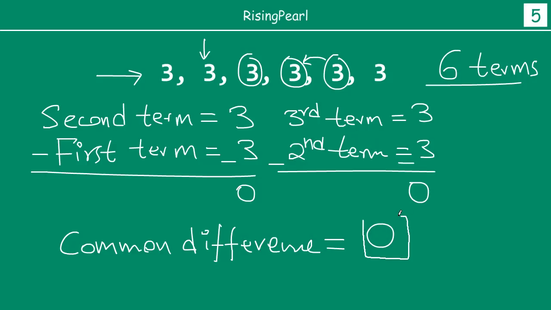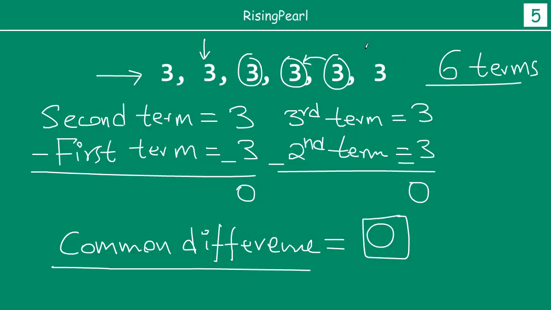So it is important to note that the common difference can be any number. It can be even a decimal. It can be even 0. It can be even negative. It does not matter what it is, but what you are looking for is that in the series, the common difference has to be the same.